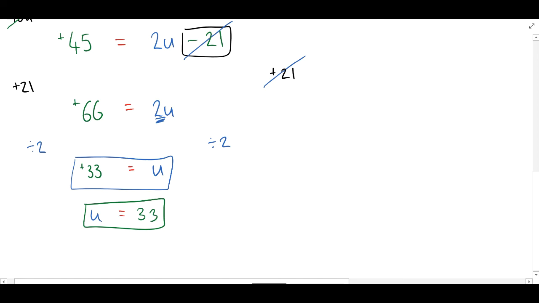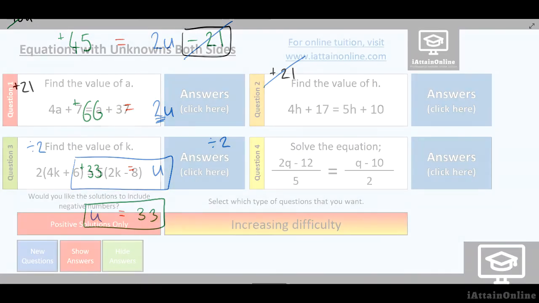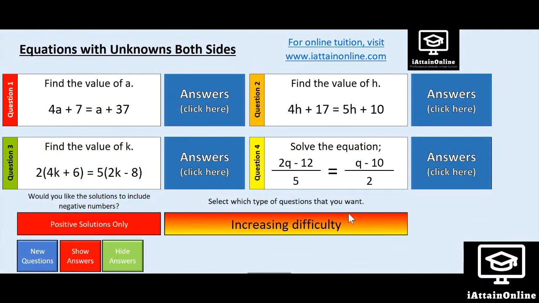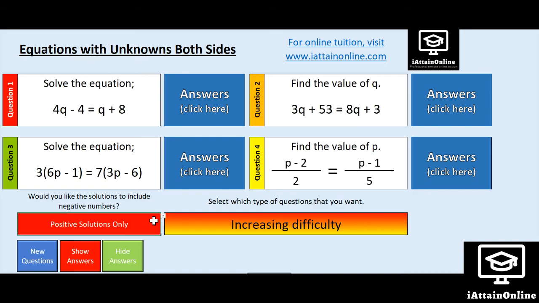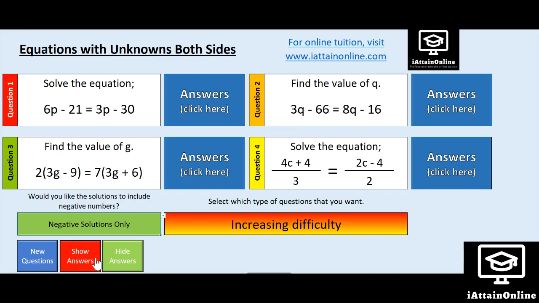Okay, so what I'm going to do now very quickly is just show you another question generator that I've made. So you can generate lots of questions. We've only done positive solutions where the letter is equal to a positive number, but if you're feeling confident, you can try it with negative solutions, or you can try a mixture.